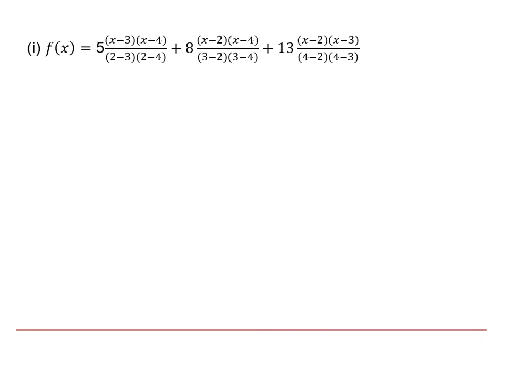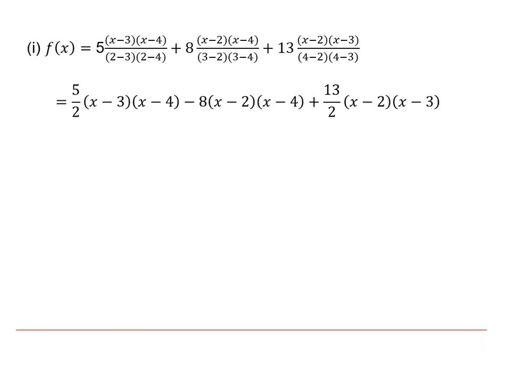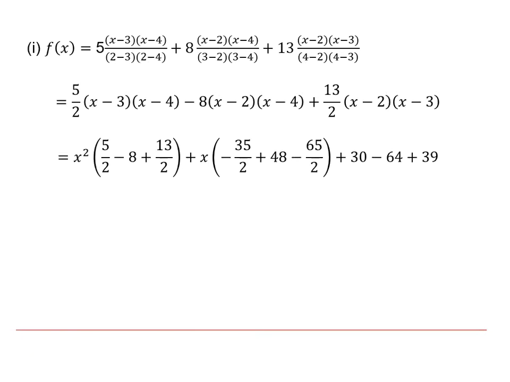Plugging our values into Lagrange's formula, we get that, and then with a bit of simplifying, or quite a lot of simplifying, we eventually end up with the quadratic x squared minus 2x plus 5.